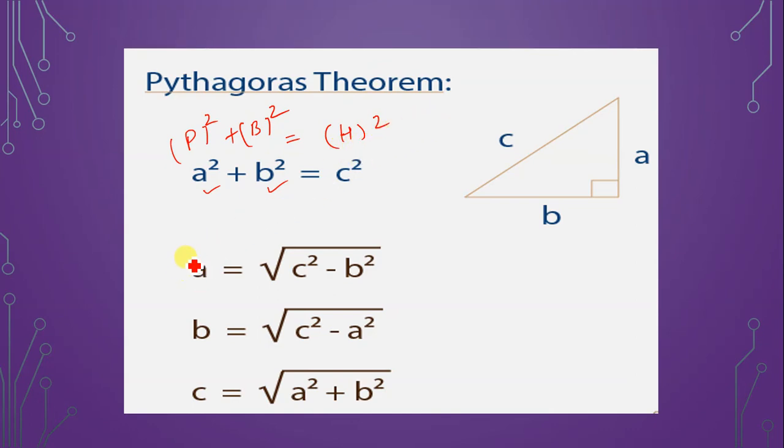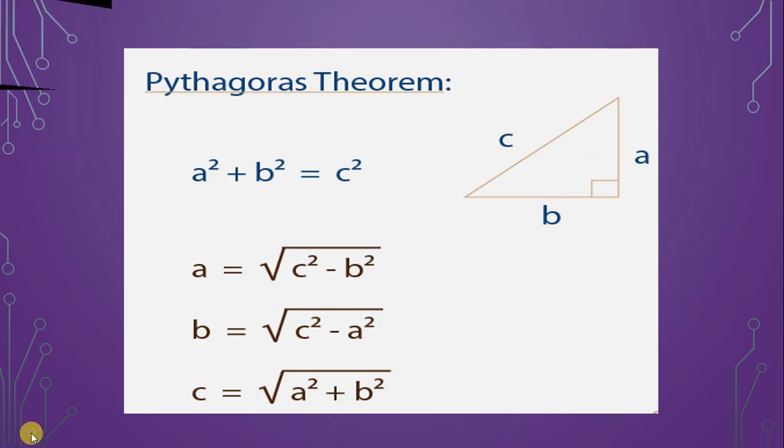If you want to find the perpendicular, take the square root of the difference of hypotenuse square minus base square. If you want to find the base, then take the difference of hypotenuse square minus perpendicular square and take the square root of it, and do the same for hypotenuse. And for that hypotenuse, you know that this is the square root of perpendicular square plus base square.